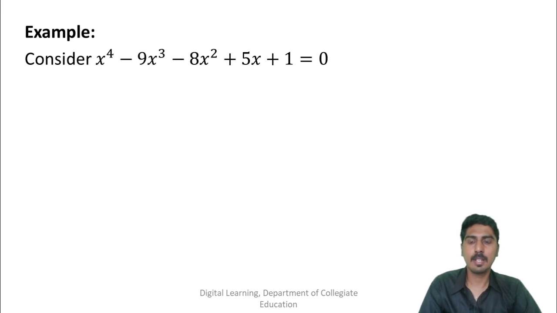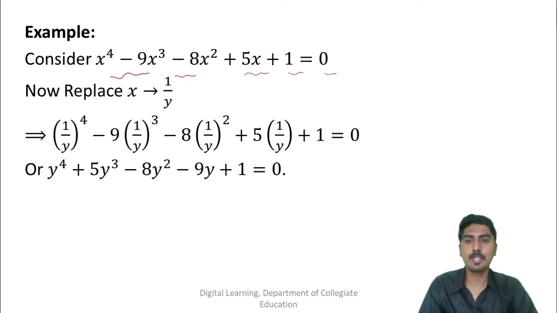Consider an example. Suppose x to the power of 4 minus 9x cube minus 8x square plus 5x plus 1 equal to 0. To transform this to an equation whose roots are reciprocal of the roots of this equation, we replace x by 1 by y.